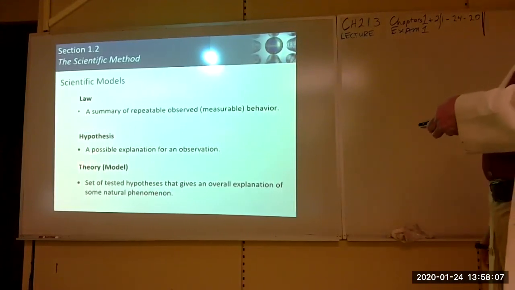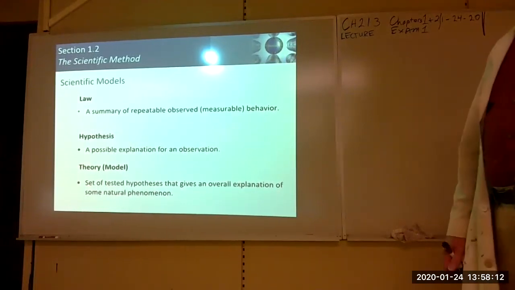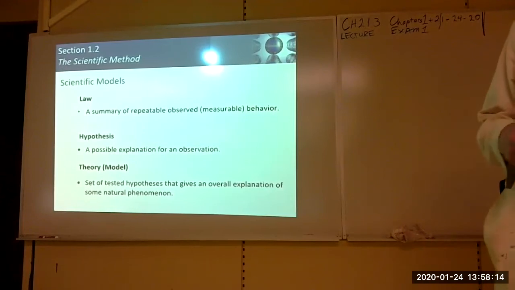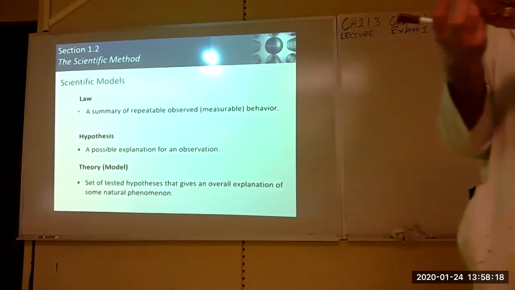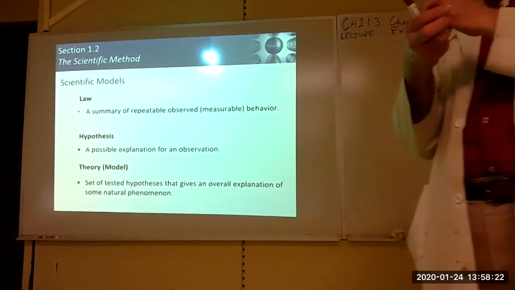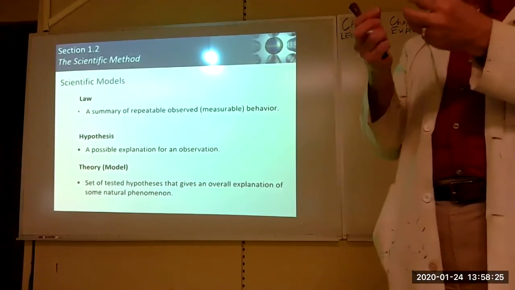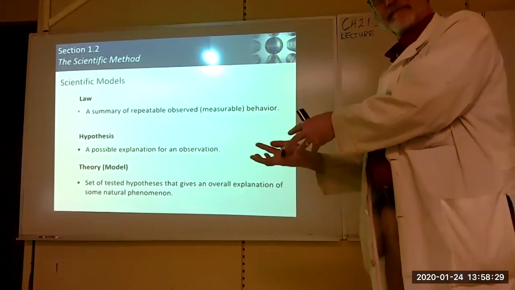And then theory is more often than not accompanied with a model. A model is just a representation of the small part of the universe that you're trying to describe. Think of a battleship or airplane or some type of model. It's not the real thing, but it's a representation of the real thing.